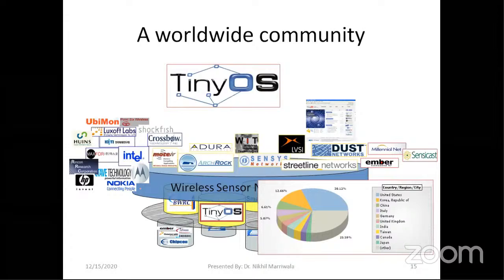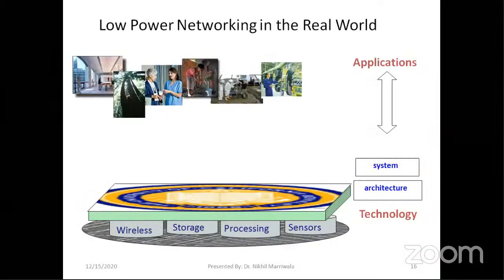Intel has already led into all these tiny operating systems, followed by Dust Networks or Crossbow, and HP has also taken this up. Nokia is just coming up with low power networking systems, right?